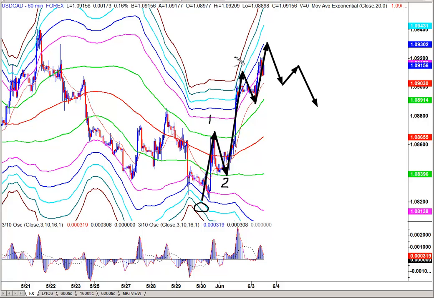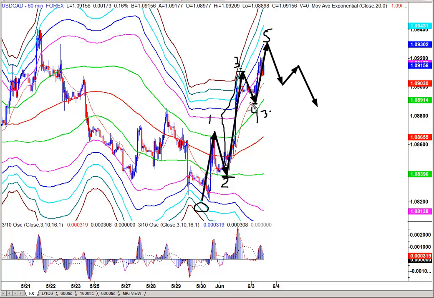So this is 0, 1, 2, 3, 4, 5. Now the most important thing, well, one of the most important things in the Elliott wave is that swing from 2 to 3. That should be the largest swing. And then the swing from 3 to 4 should be 38% or less than the swing from 2 to 3, or even from 0 to 3.